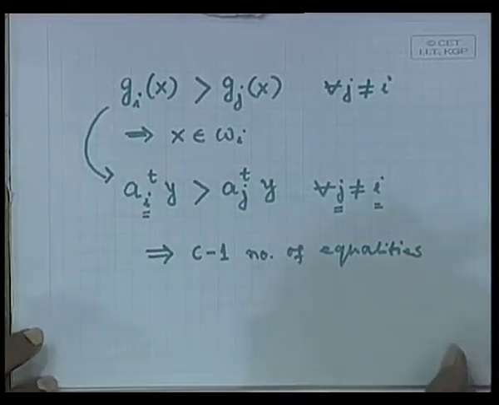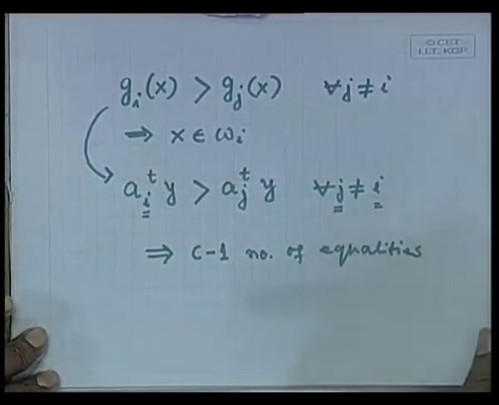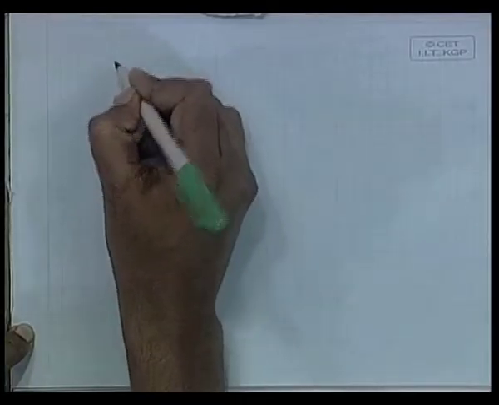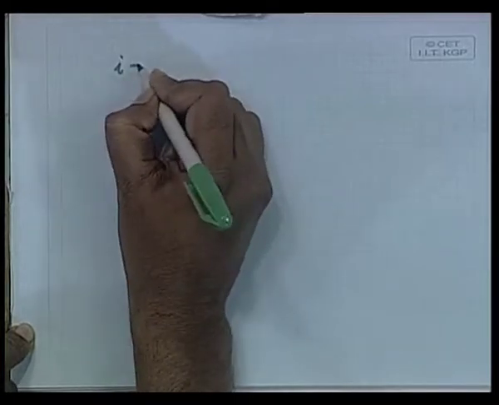So, whether it is possible to have a unified approach to take care of these C minus 1 inequalities simultaneously and give me C number of weight vectors a 1, a 2, a 3, a 4 up to a C. Over here, let us take a specific case that I is equal to 1.